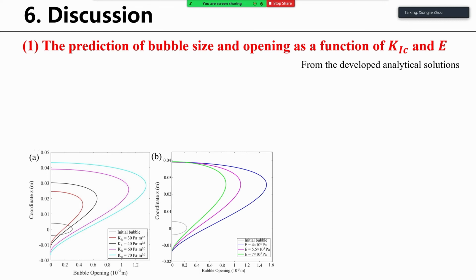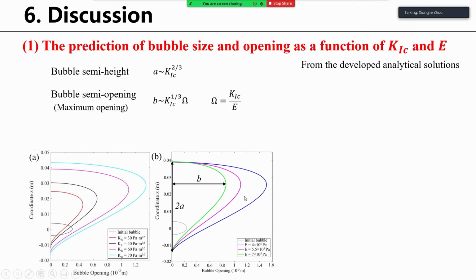There are three aspects of discussion. The first one is the prediction of bubble size and opening as a function of K1C and E. The bubble height here and the bubble semi-opening here: the semi-height is proportional to K1C to the power of 2/3, and the semi-opening is proportional to K1C to the power of 1/3 times omega, where omega is the ratio of K1C and E. Thus, the inverse aspect ratio is proportional to K1C to the power of -1/3 times omega.